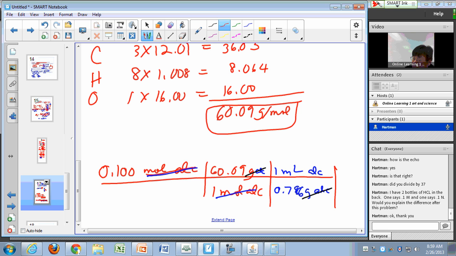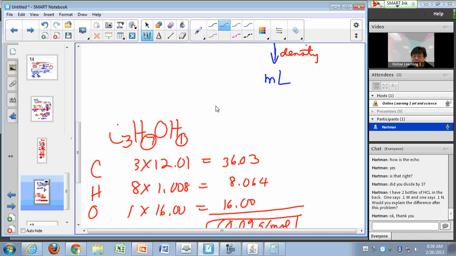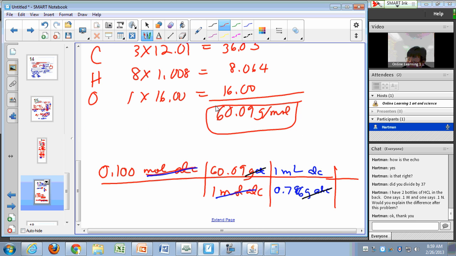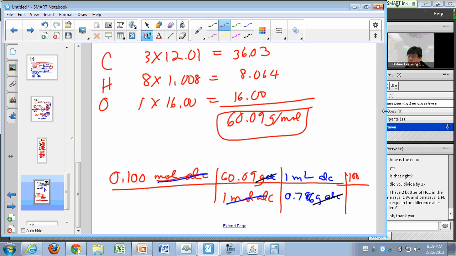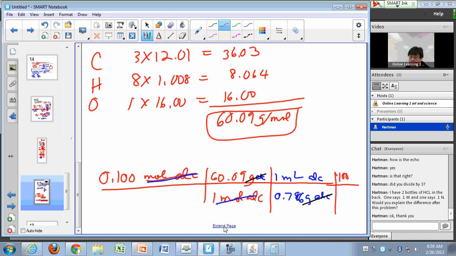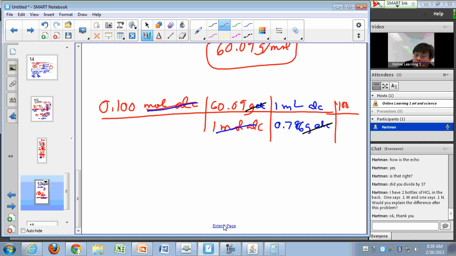And then finally, whatever this is only going to be 70% of what I need. I'm running out of room, so I'm just going to say I'm going to need 100 mLs of solution if I want 70 mLs of alcohol. That's what 70% is.